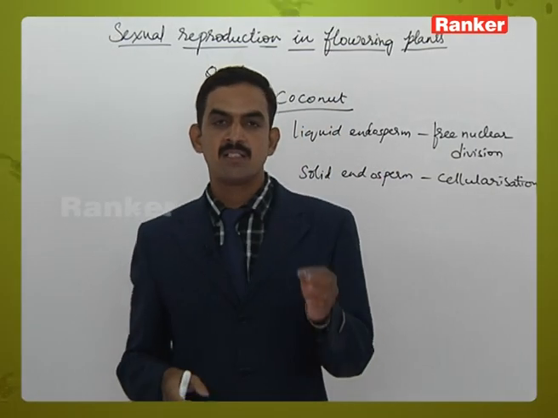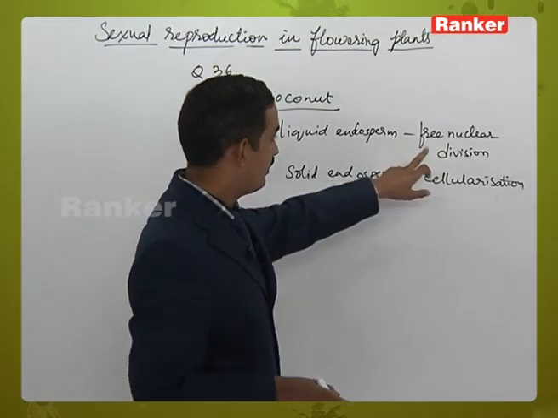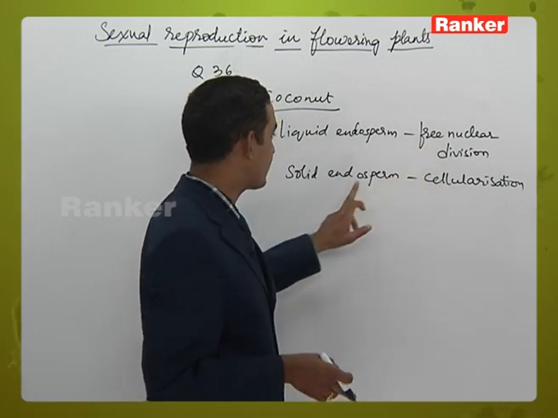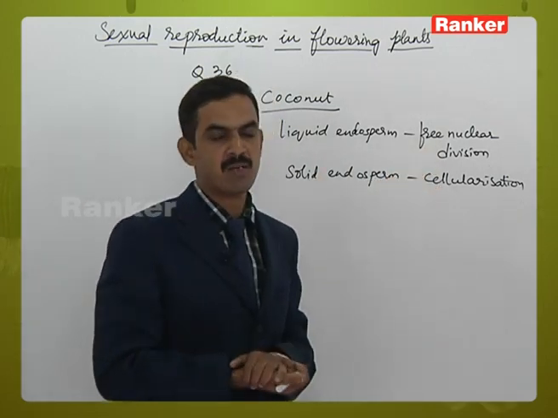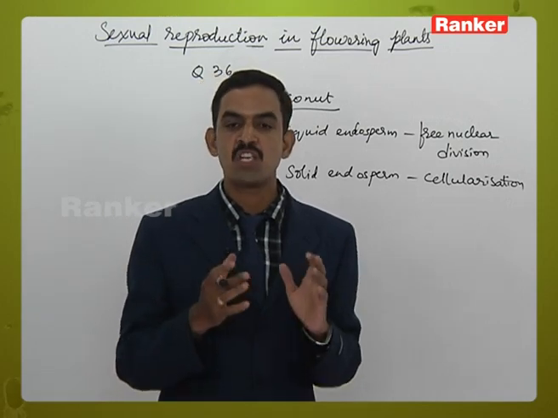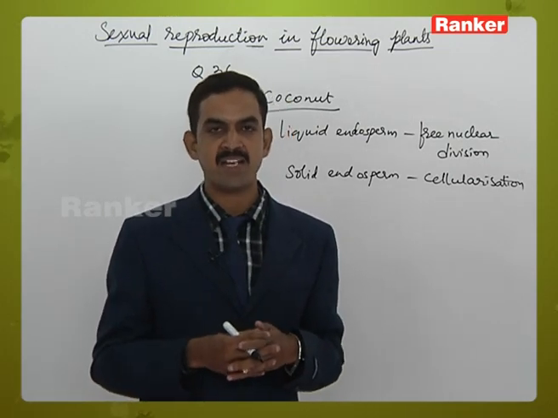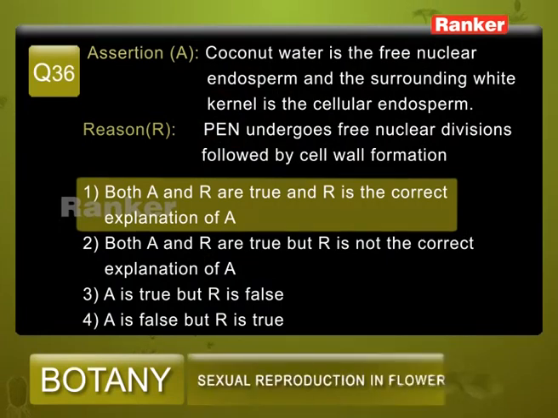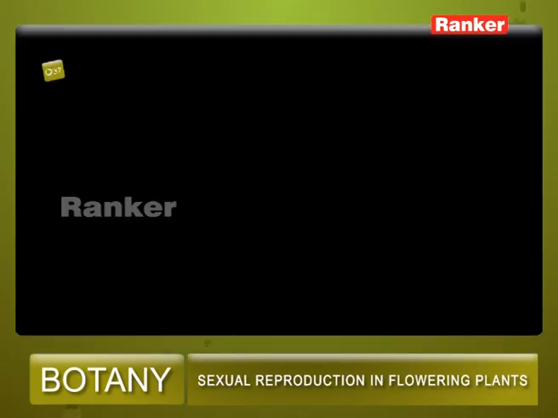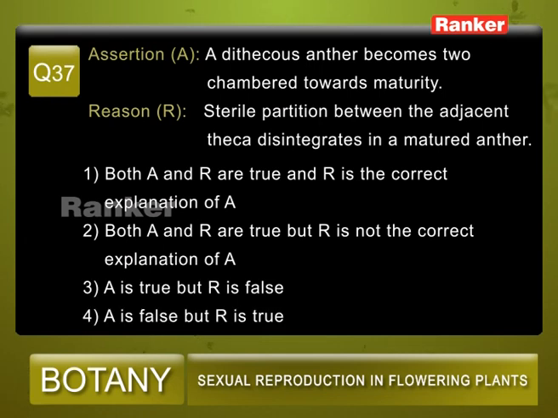So the liquid endosperm results from free nuclear division and the solid endosperm results from cell wall formation or cellularization of the primary endosperm nucleus. So question number 36, the correct answer is 1. Question number 37, assertion: A dithecous anther becomes two-chambered towards maturity.